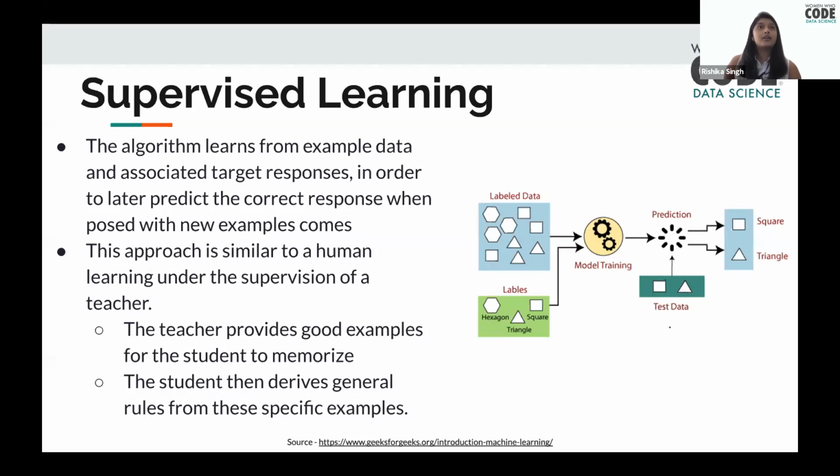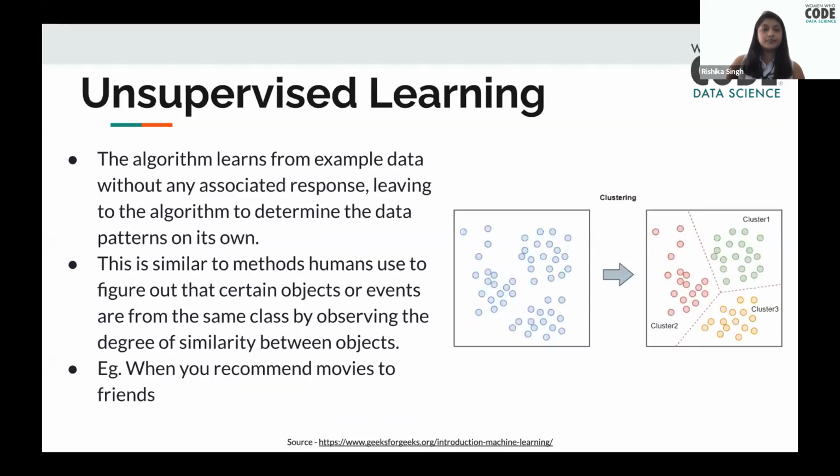Recommendation systems typically correlate with classification, and time series prediction correlates with regression. Then we have some popular examples of supervised machine learning algorithms: linear regression for regression problems, random forest for both classification and regression, and support vector machines for classification problems.